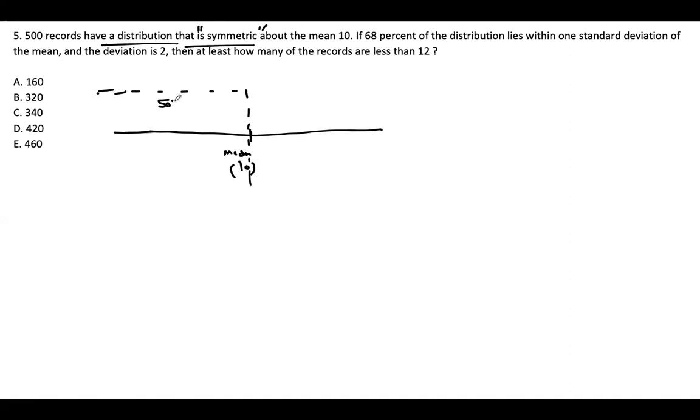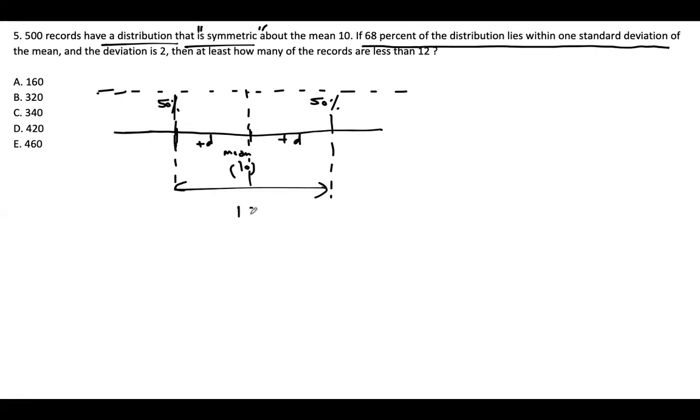As in, if there are 100% of the values, 50% are to the left and 50% to the right. If 68% of the distribution lies within one standard deviation of the mean, so if this is plus D and this is also D, this is the data within one standard deviation, and this data is 68%.